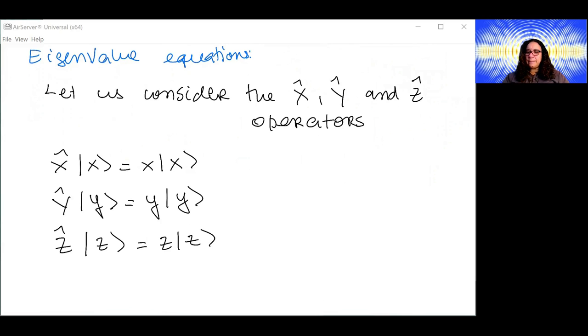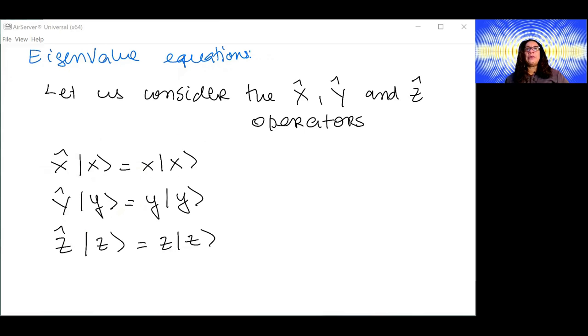So basically, on the left-hand side, you have operators X, Y, and Z applied to kets. And on the right-hand side, you get the value of the coordinate x, y, and z. So we know we have eigenvalue equations.